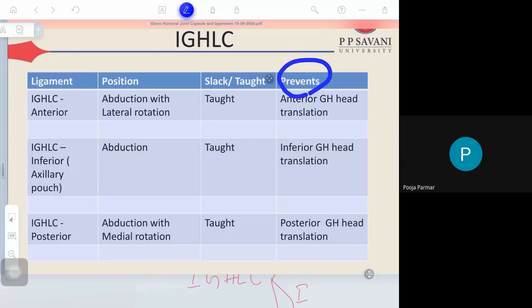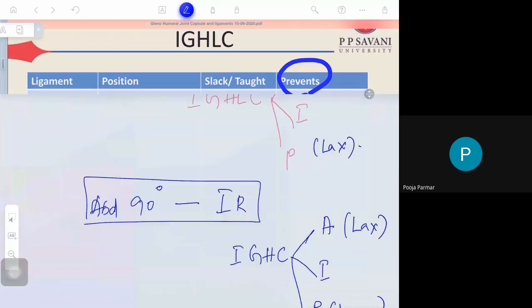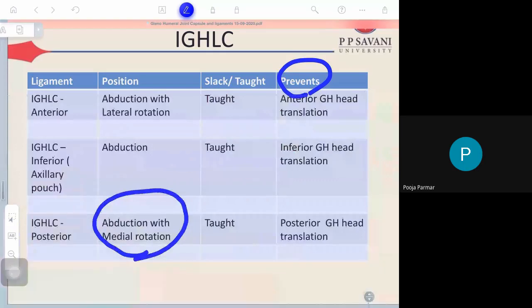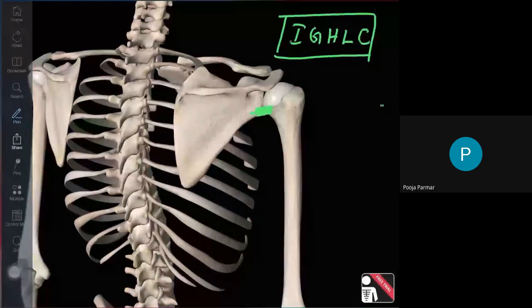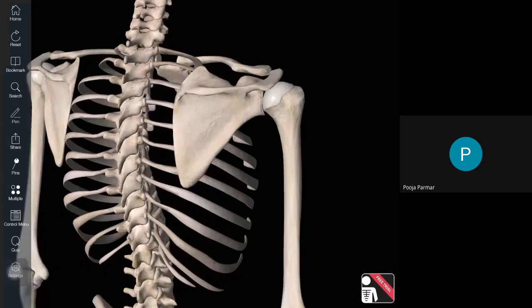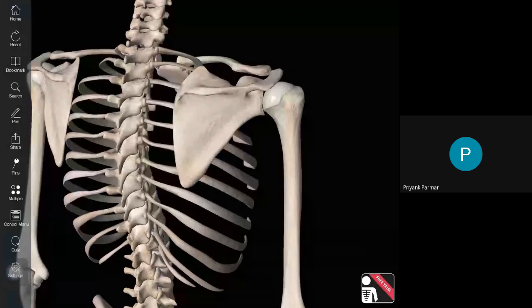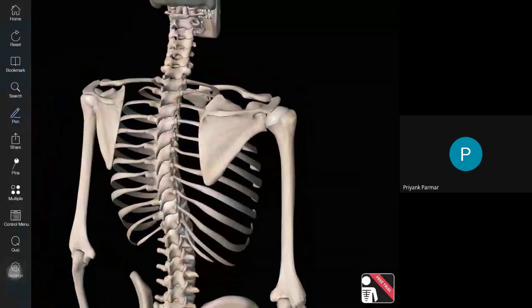See here, abduction with medial rotation. Which ligament will become taut? Posterior. Yes. So now this is the posterior view. Clear?